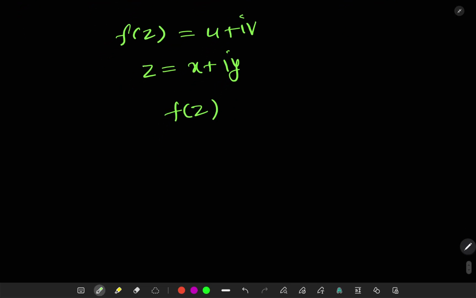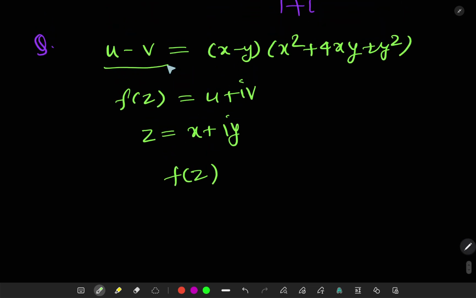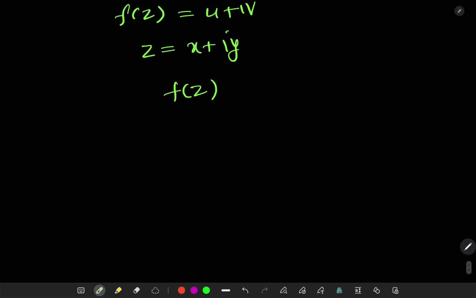So using this third and fourth case, in this question you can see this is given u minus v, so we use here third case of Milne Thomson method.